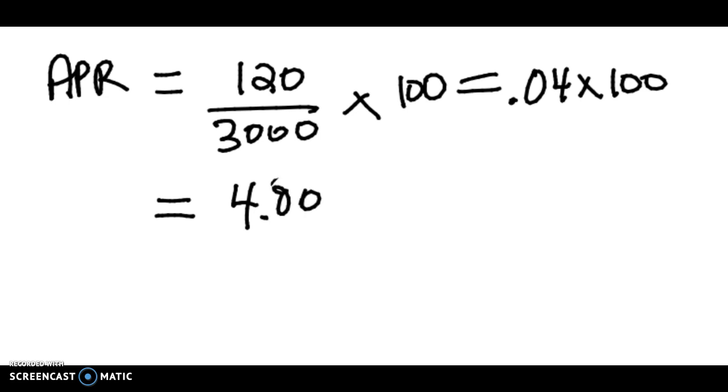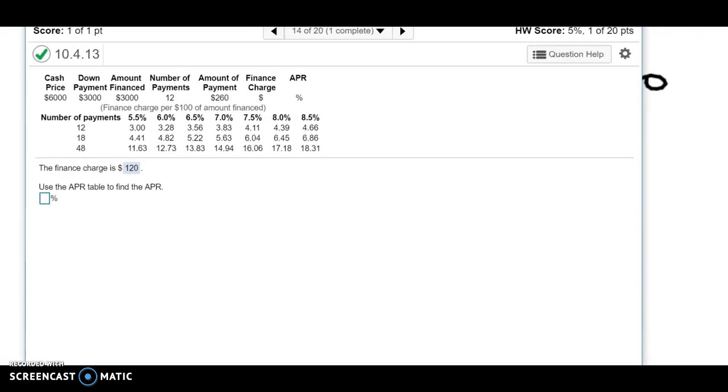And now we have to use the table. So I'm going to bring the table back onto our screen. We scroll through the table, and we are looking for 12 payments, which is here. So we're using this first row, and we're looking for a value that's very close to 4.00.